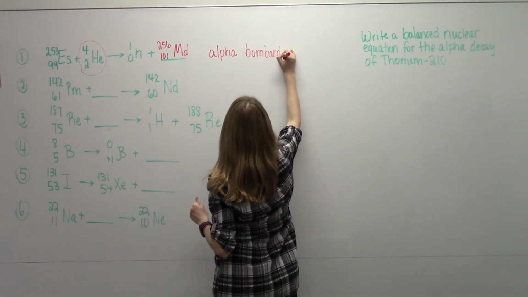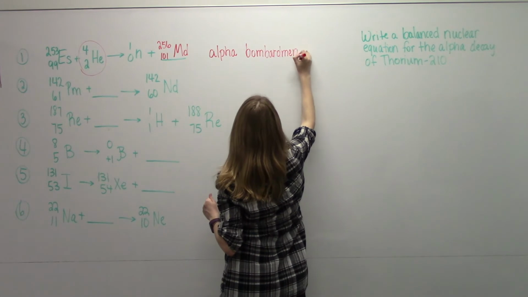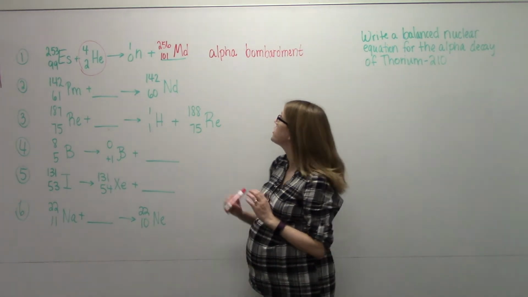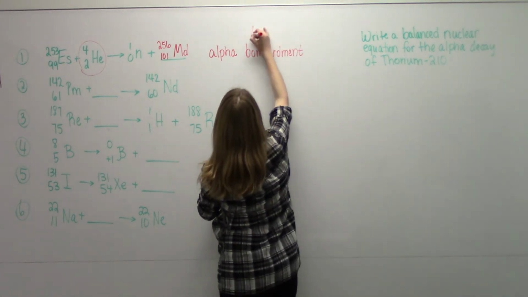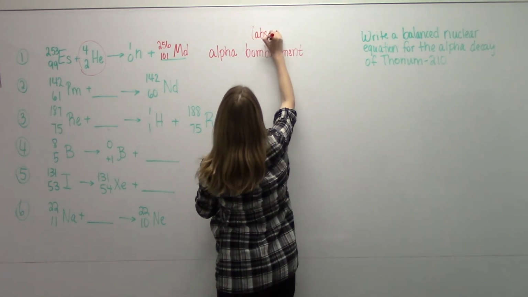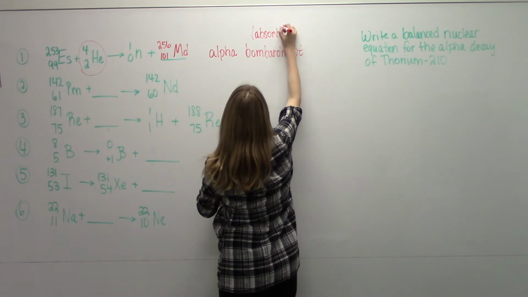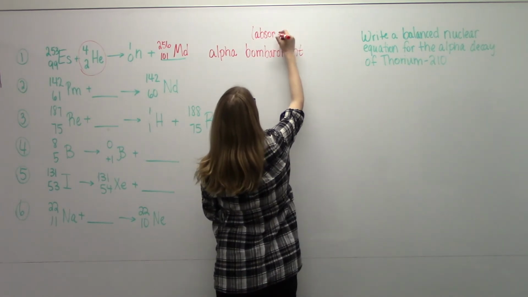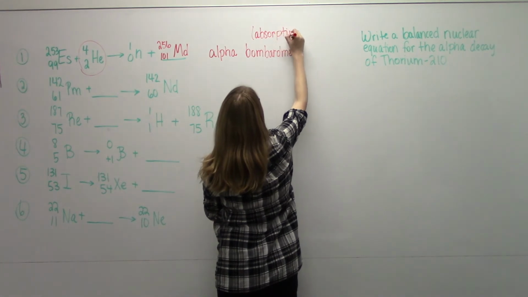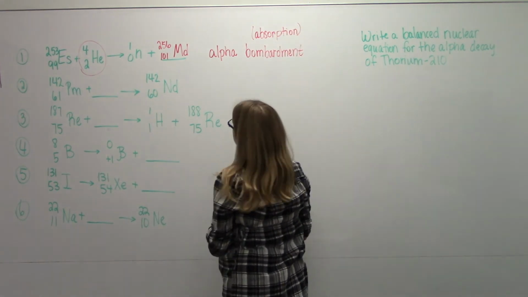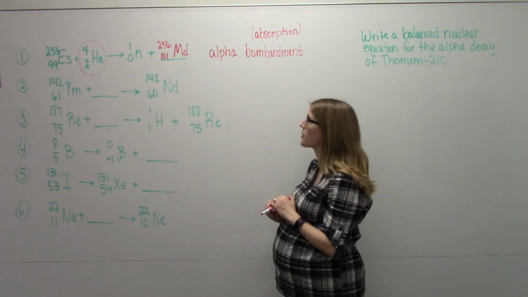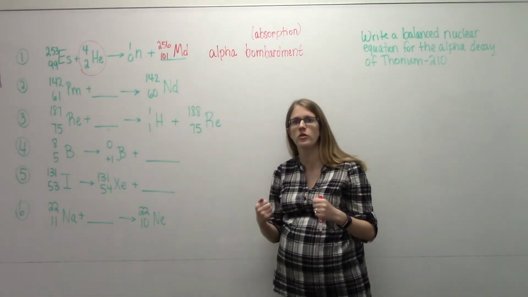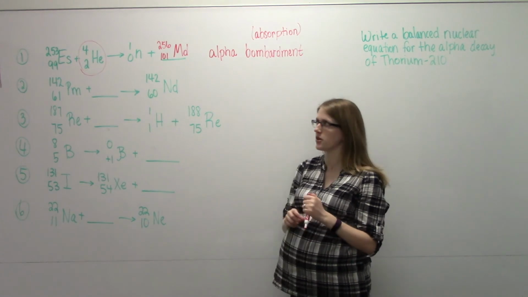If it's found as a product, we call it alpha emission. This might also be alpha bombardment. It might also be absorb or absorption. Now these reactions don't tend to be as natural. In order for this reaction to occur, we have to bombard it with alpha particles. We have to shoot it with alpha particles to force the reaction to go.